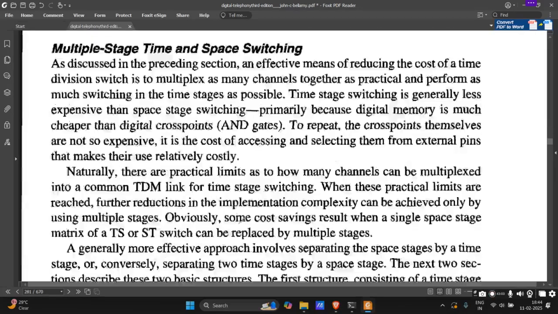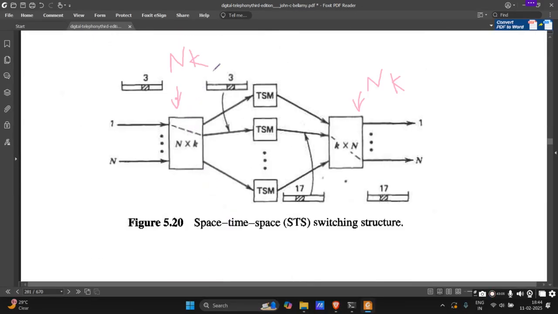So this one will need kC log base 2 of k.